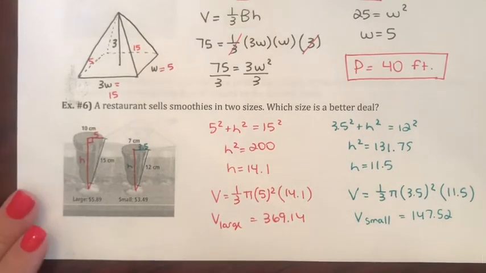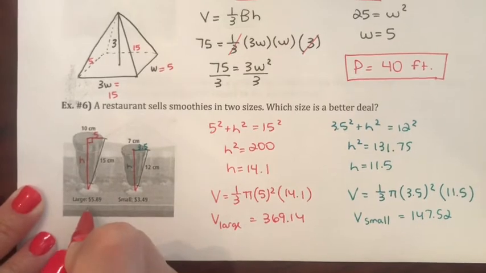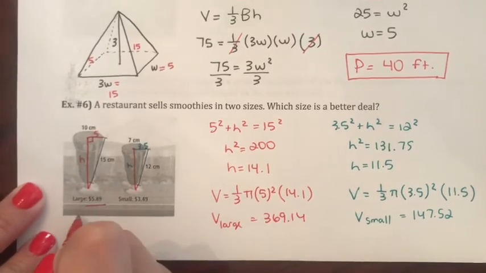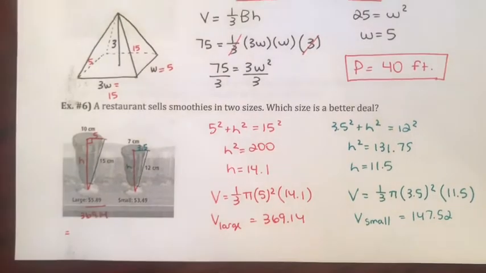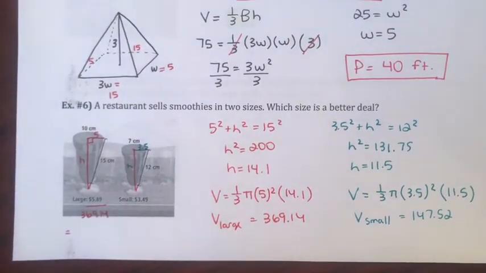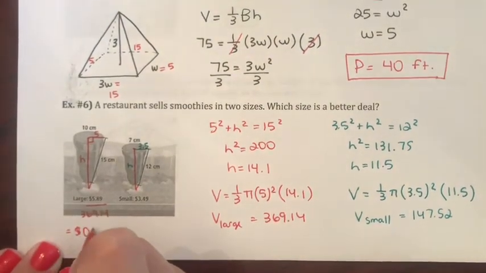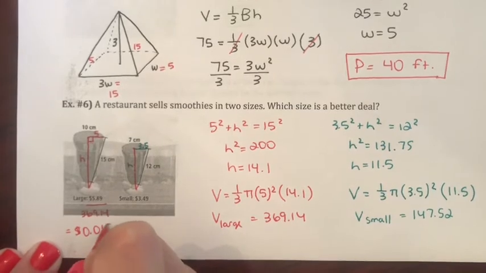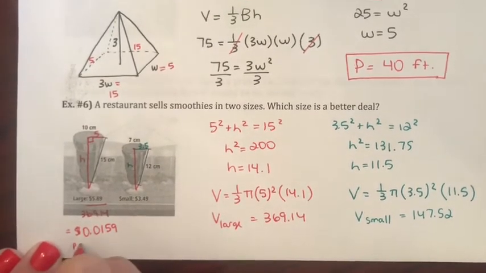Okay, so let's do 5.89 divided by 369.14. I'm going to get a tiny number, but that means 0.0159 per centimeter cubed, okay?